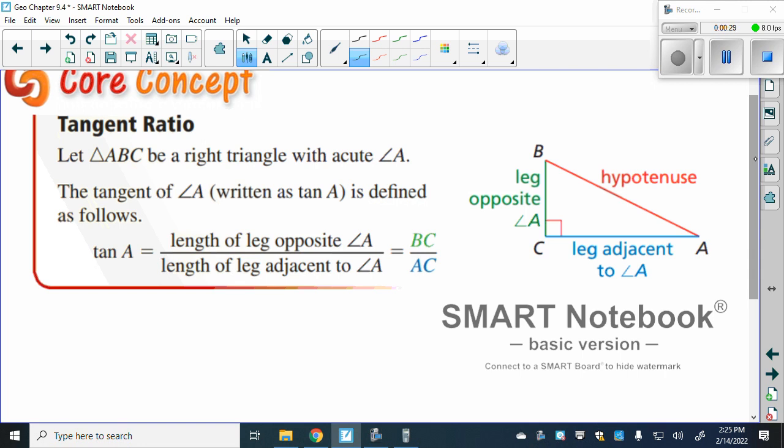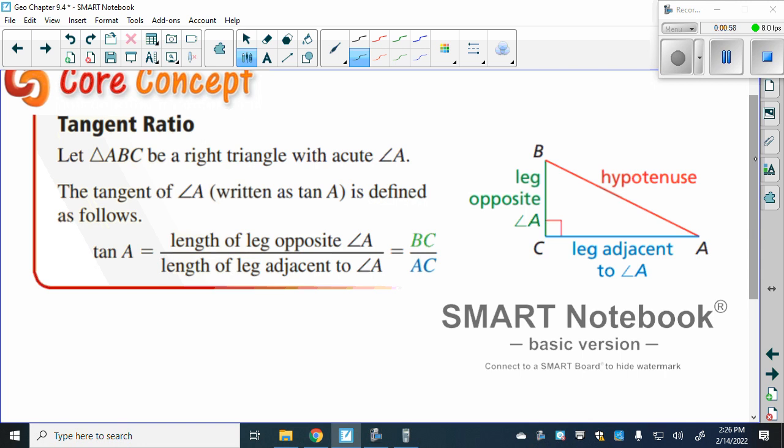Cosine of an angle is the adjacent side length over the hypotenuse. And the one we're looking at today is tangent. Tangent of a given angle is the opposite side length over the adjacent. And it's the only one out of the three that we don't need the hypotenuse to find its value.